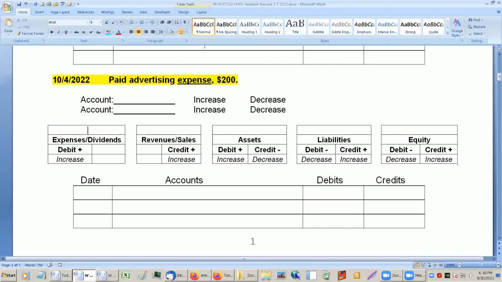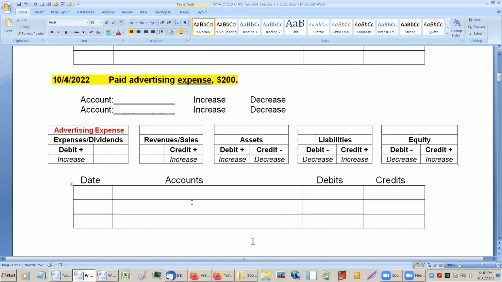This is advertising expense. But yeah, expenses are always debits, so you can just jump right down here.